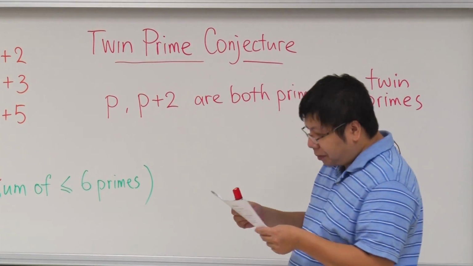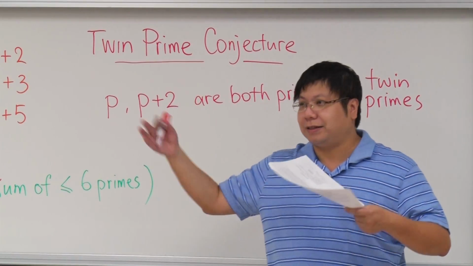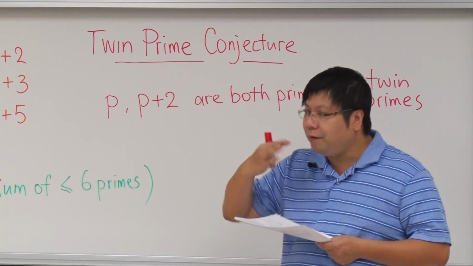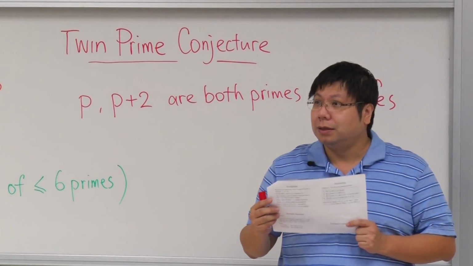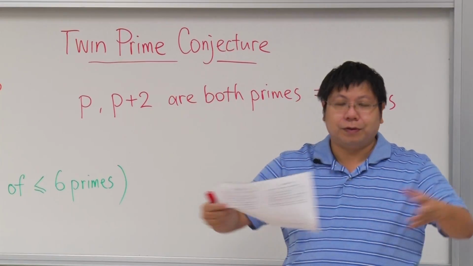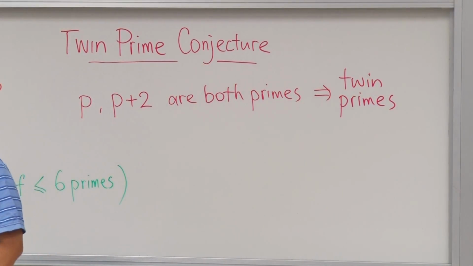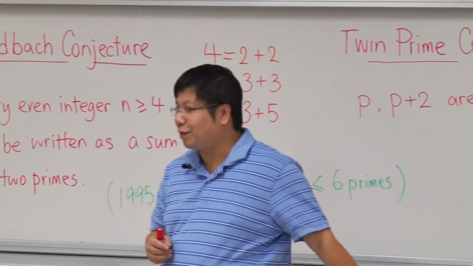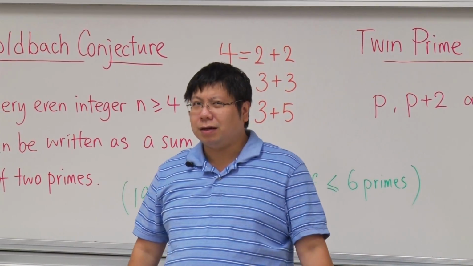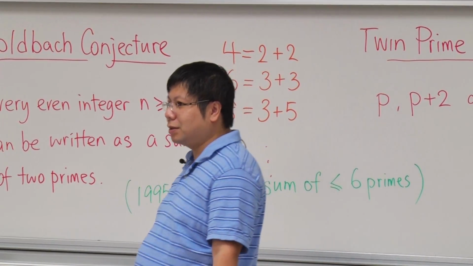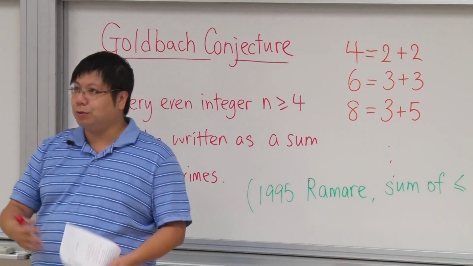So the twin prime conjecture says that there are going to be infinitely many pairs of twin primes. We will never run out of twin primes. So for instance, if you go to a very large number, for instance, 89, well, 91 is not a prime. But maybe if you go further, like 101, then you will have 103.